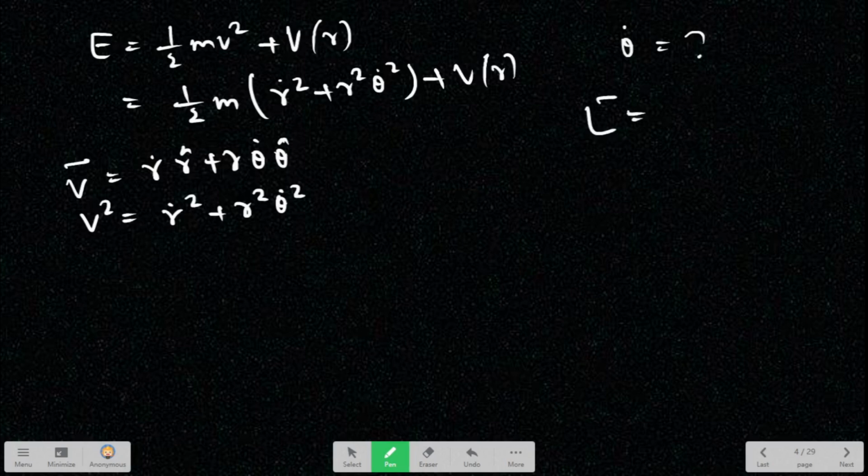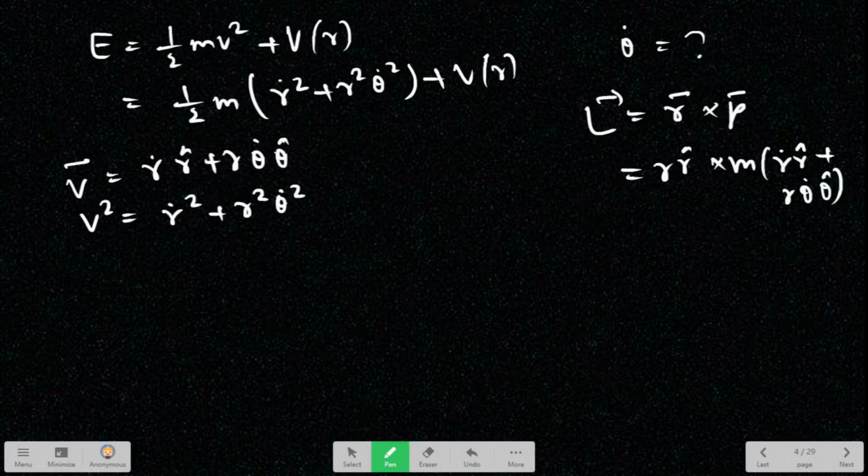We know that angular momentum vector L is equal to r cross p. In polar coordinates, r cap cross m v, where v is r dot r cap plus r theta dot theta cap. R cap cross r cap is 0, so the first term contributes nothing.